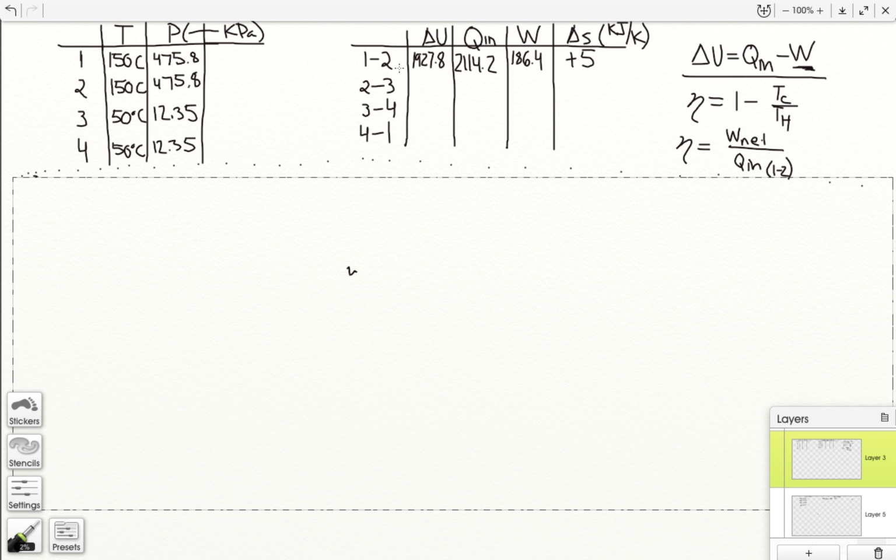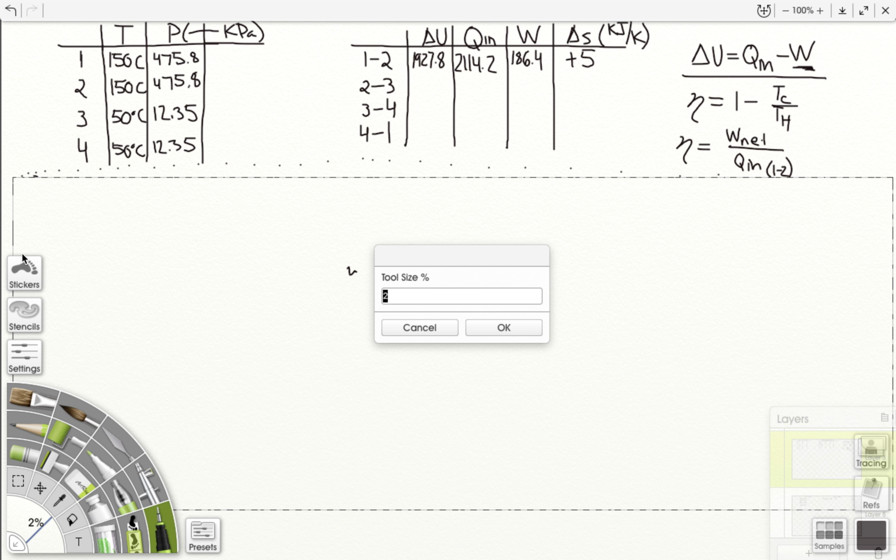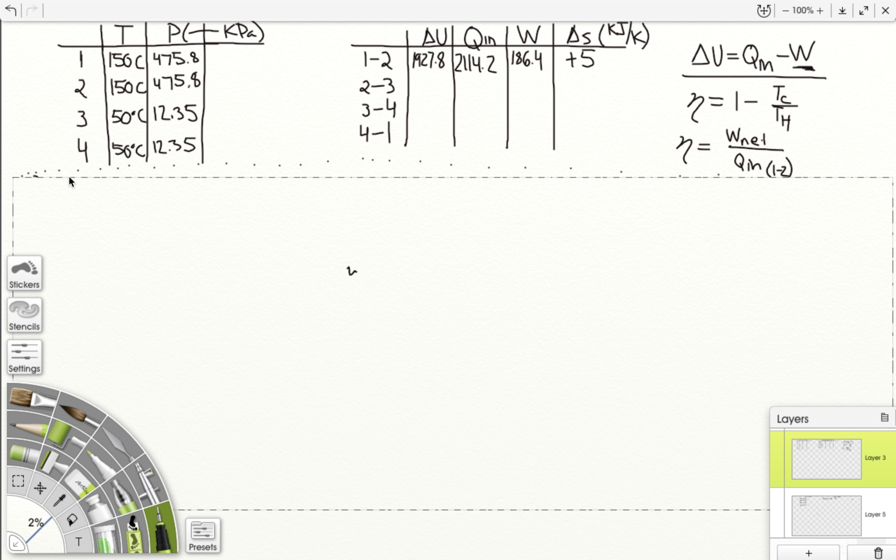Does that work? Okay, so to make a note of those values.